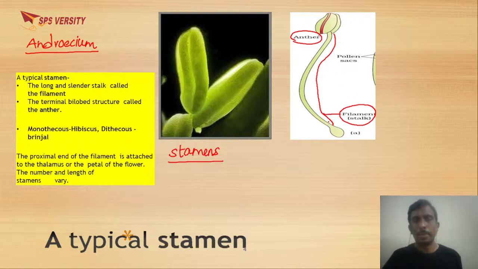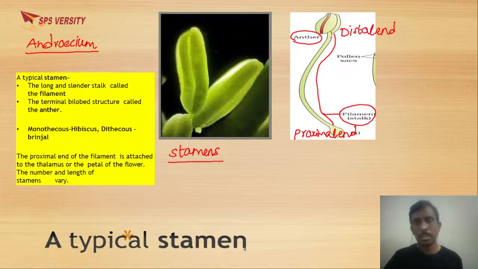In the filament, which is very long and slender, the lower part is called the proximal end. The upper part is called the distal end.